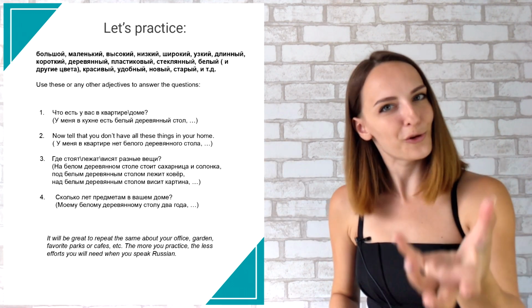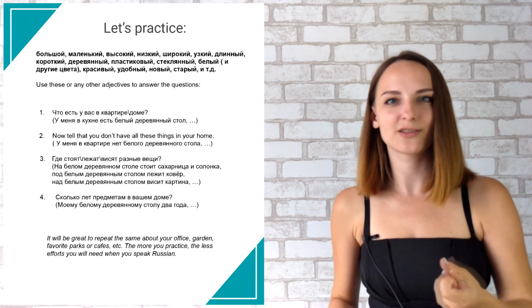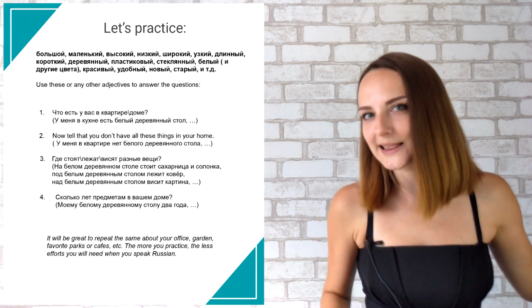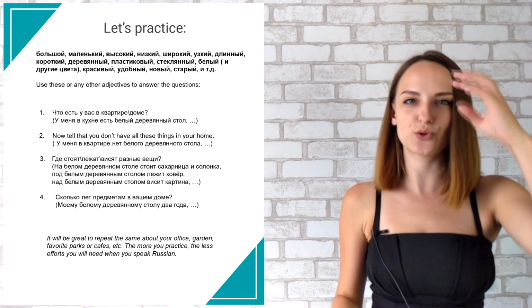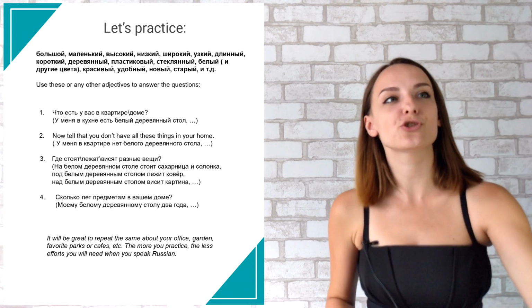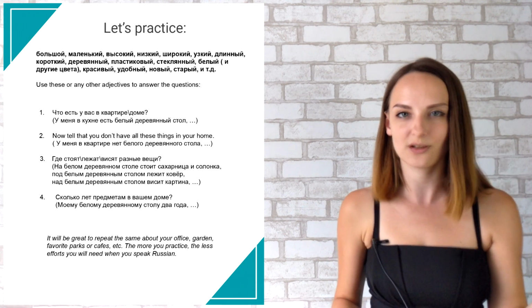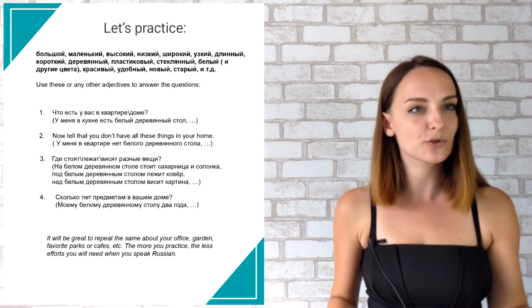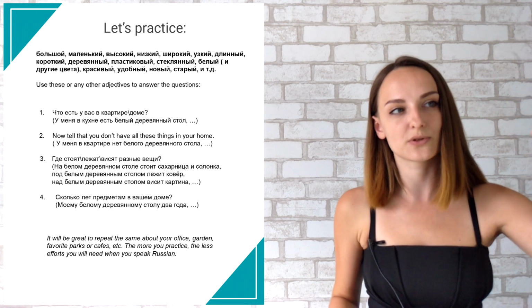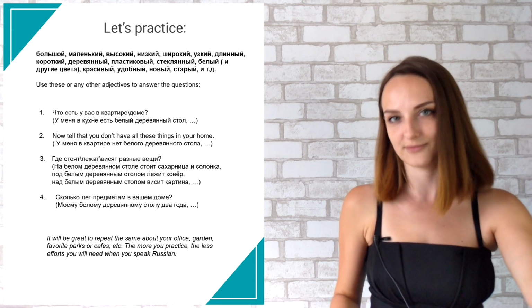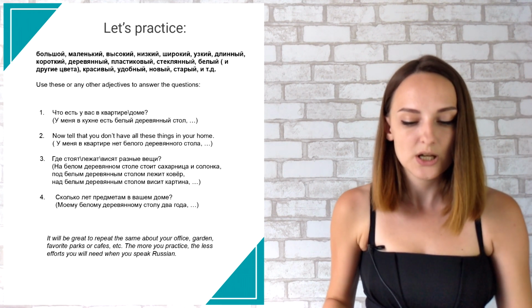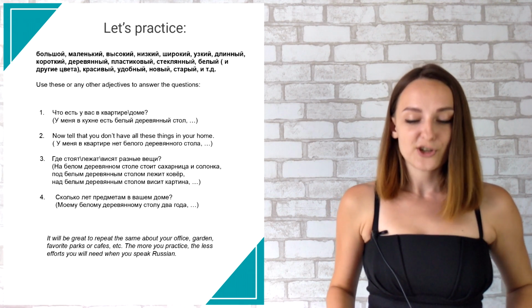Или холодное мороженое лежит в сером холодильнике. And so on. You just turn on your imagination and look around yourself, and you will not need to think too much about which collocations to use, because you say different objects, you describe them, you say where they stand, hang, or lie. Okay? And the last one, сколько лет предметам в вашем доме?